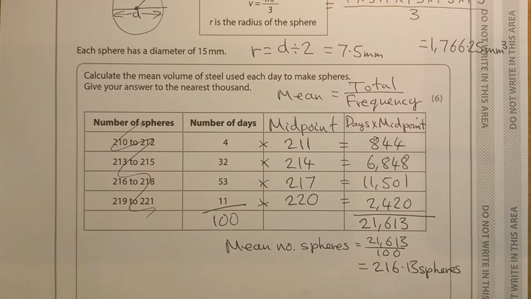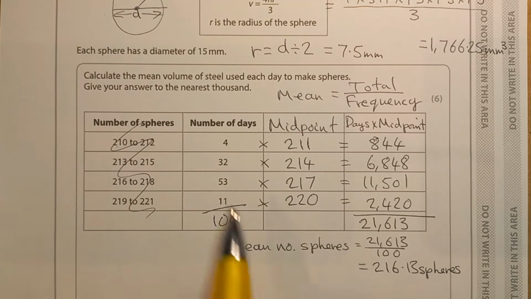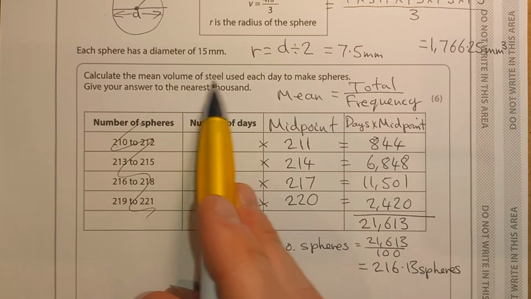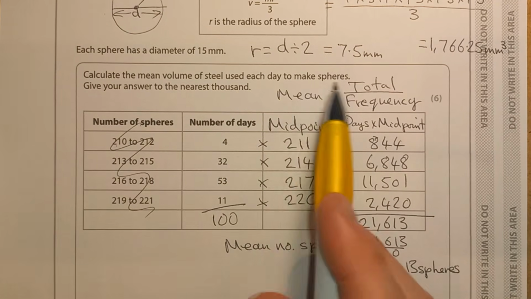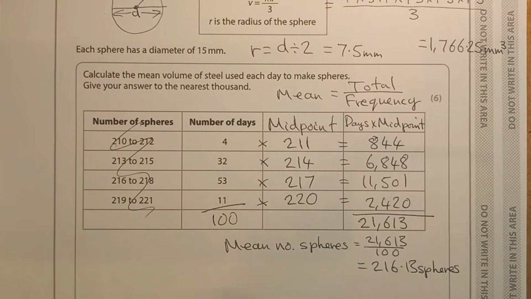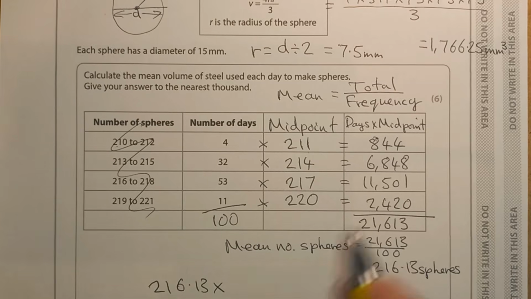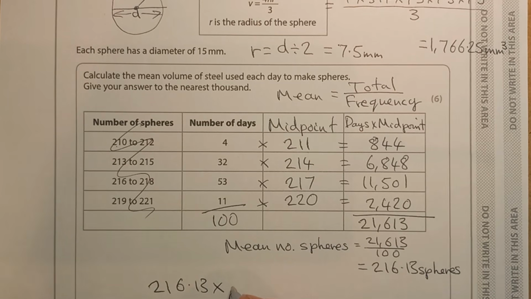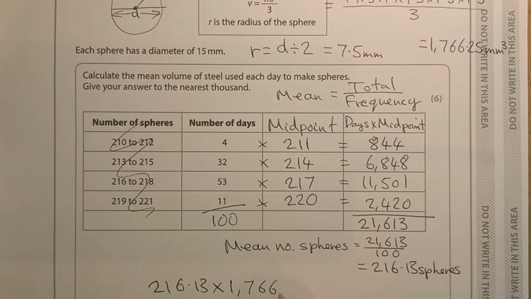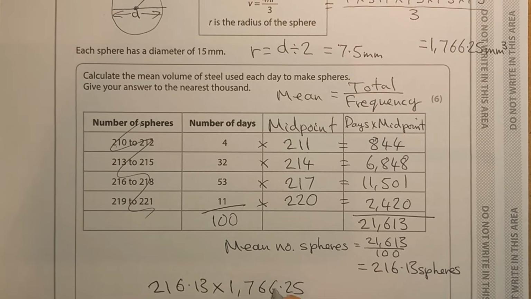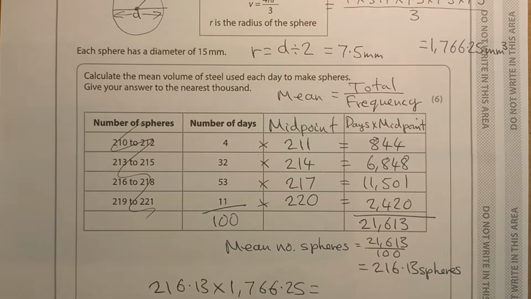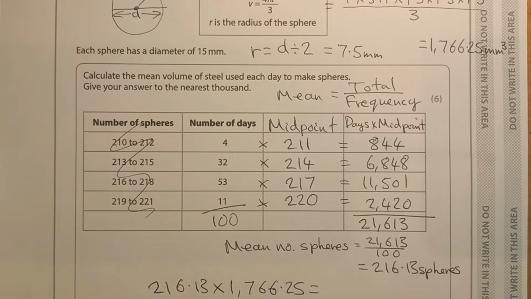Okay, now that's how many spheres. They've asked us to calculate the mean volume of steel used to make spheres. So that means we're going to take our number of spheres and multiply it by the amount of steel that we need, which was the 1,766.25 that we calculated at the start.